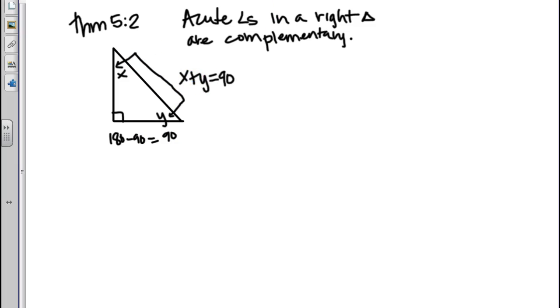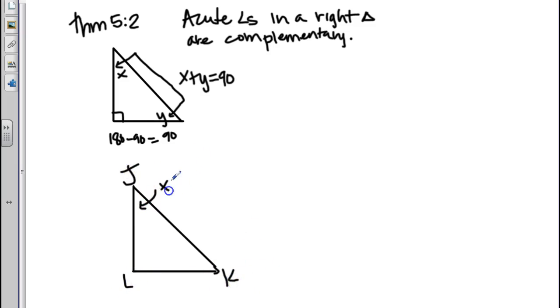All right, so let's try one. I knew you would want to try a problem with me. Of course you do. This is triangle JKL, and this angle is x plus 15, and this angle is x plus 9, and this is a right angle.